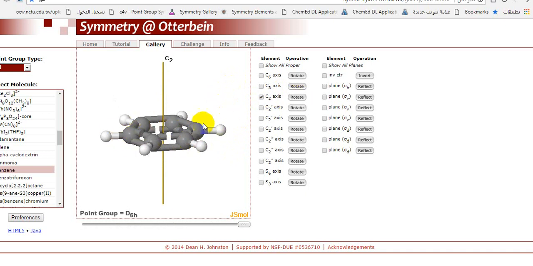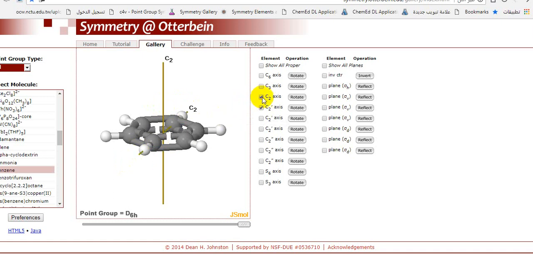This is C2, rotation by 180 degrees. This atom goes to this atom. Okay, this is C2. We have too many C2.